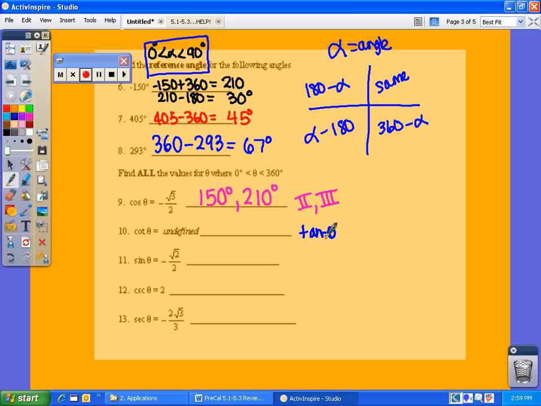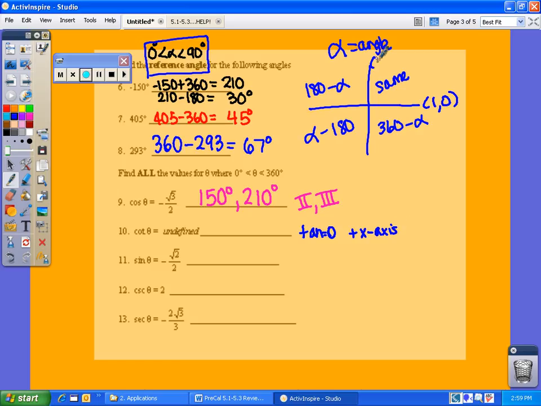So when tangent equals 0, the only times that happens is when you take your y value and put it over your x value. So that would be 1, 0. 0 over 1 is going to be 0, so that happens in the positive x-axis.